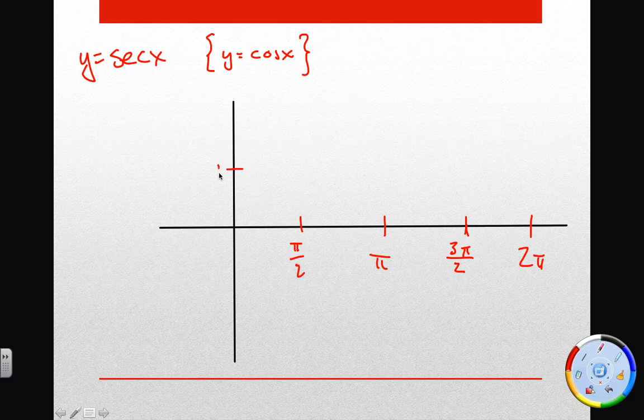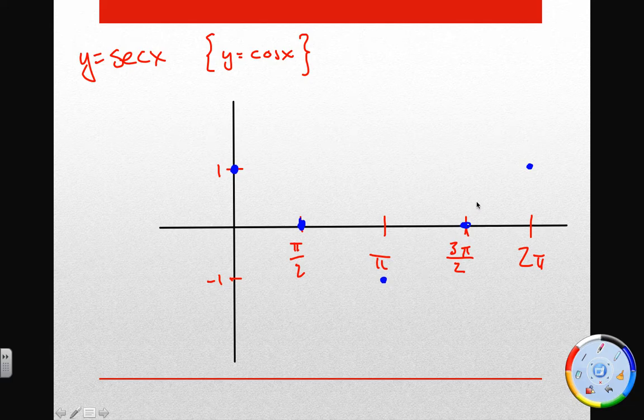It's going to go up to 1, down to negative 1. Now cosine looks like this. I'm going to do this in blue here. Cosine starts here, goes to the middle, minimum, middle, and maximum.